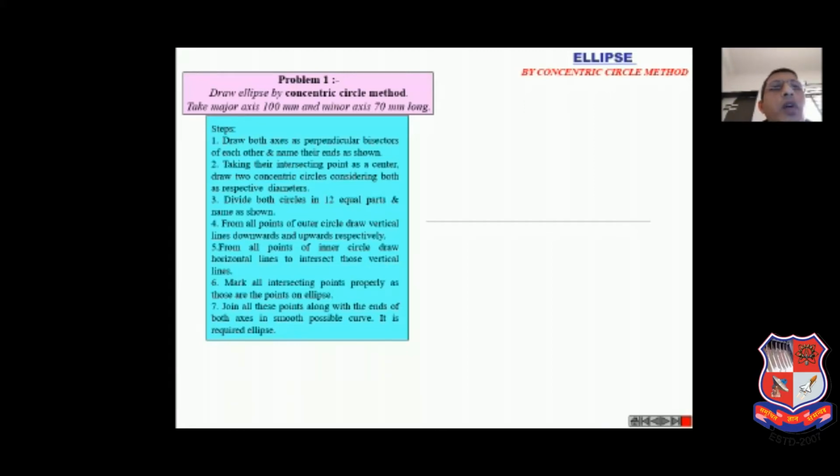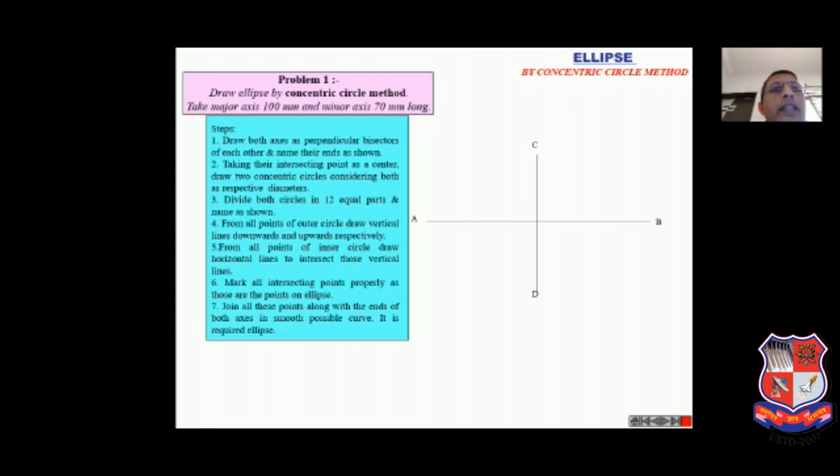First, draw both axes as perpendicular bisectors of each other and name their ends as shown. So we have to draw two lines which are perpendicular to each other. One horizontal line is our major axis, which is 100 mm long, and the vertical line is the minor axis, whose dimension is 70 mm.